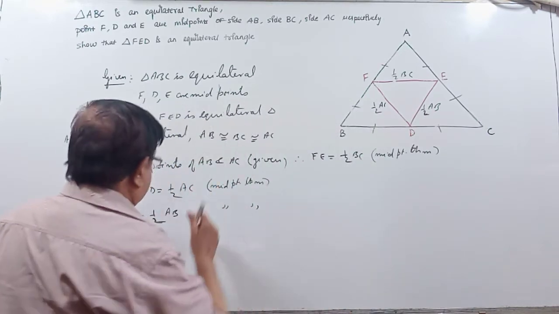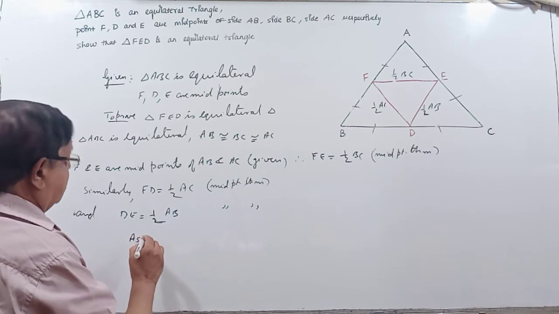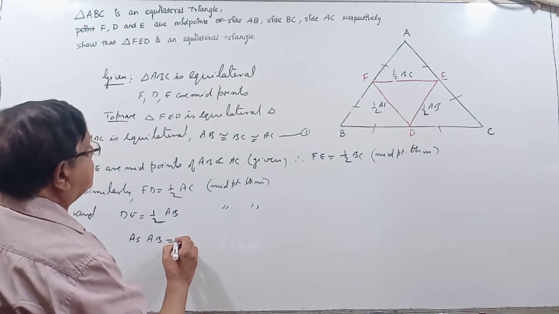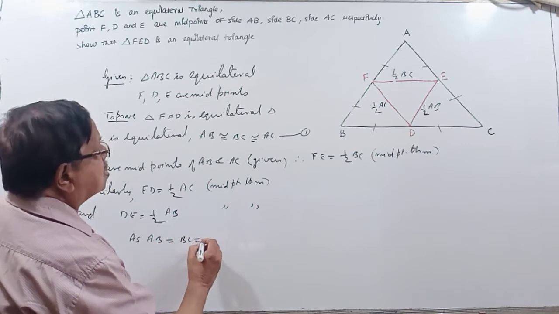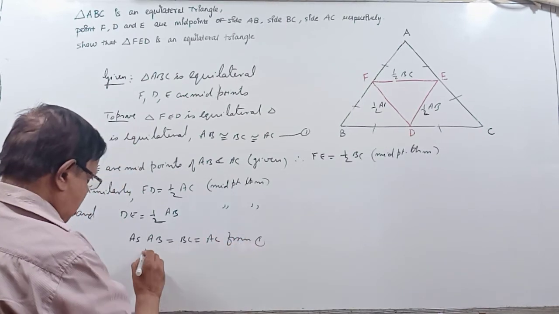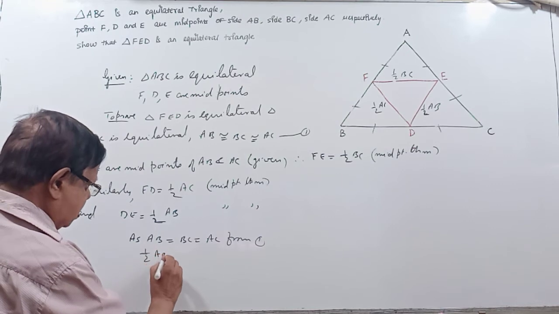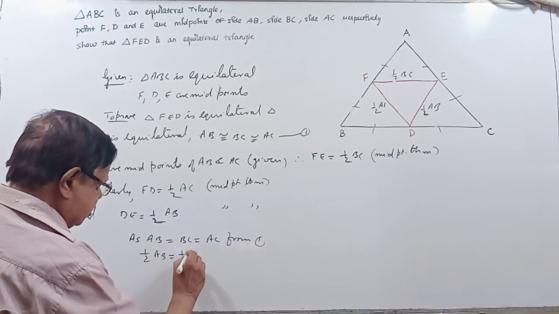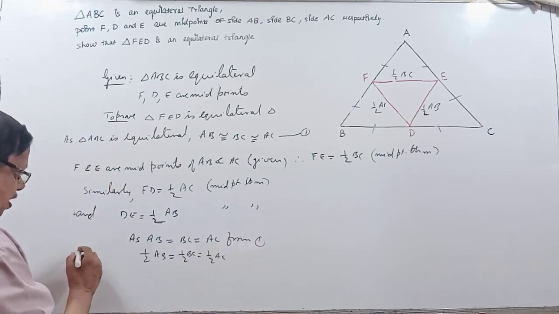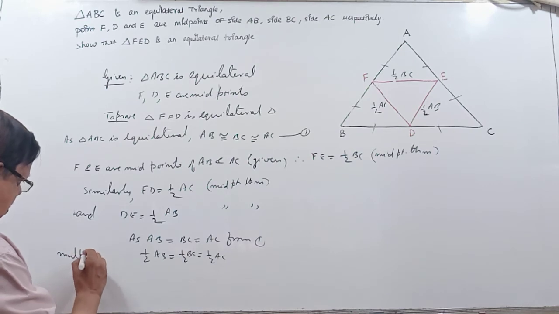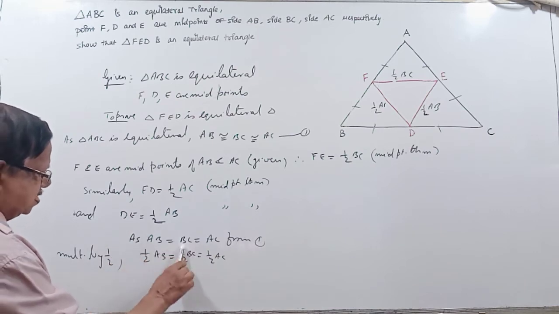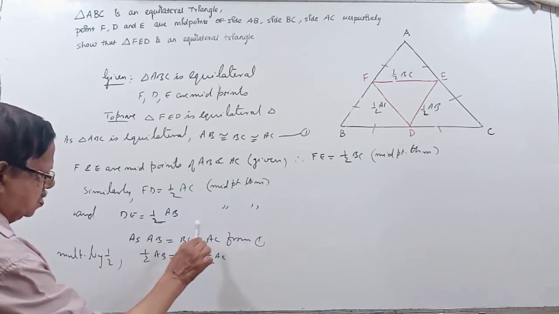As AB is equal to BC, equal to AC, from 1, multiplying by half, half AB equals half BC equals half AC.